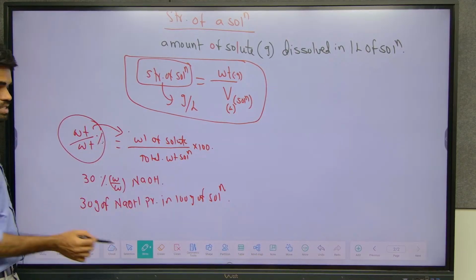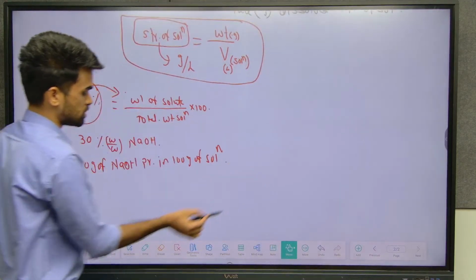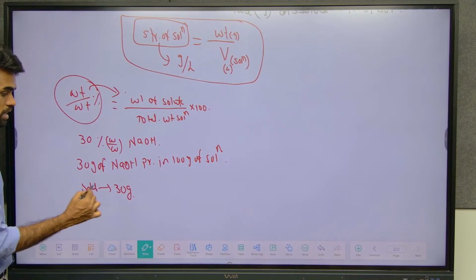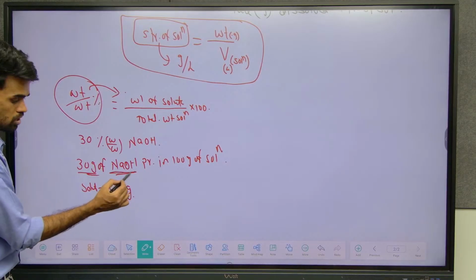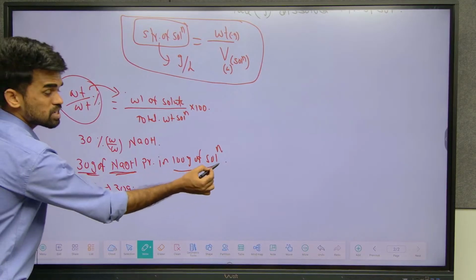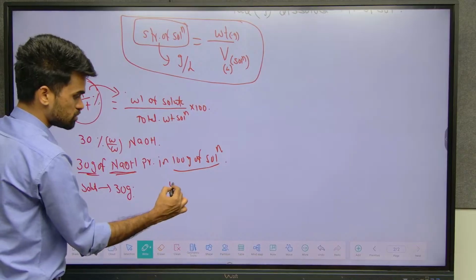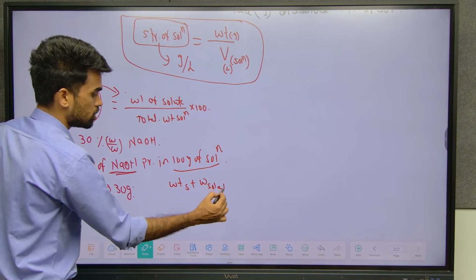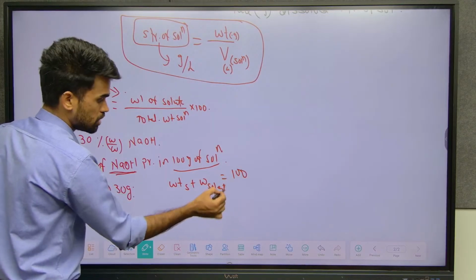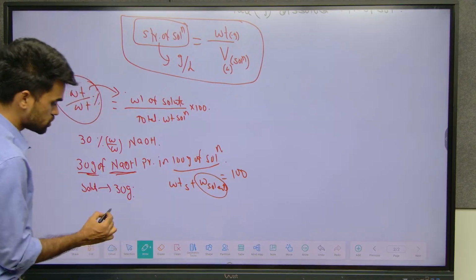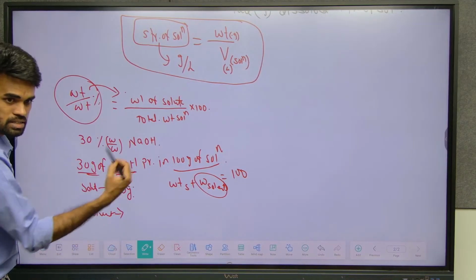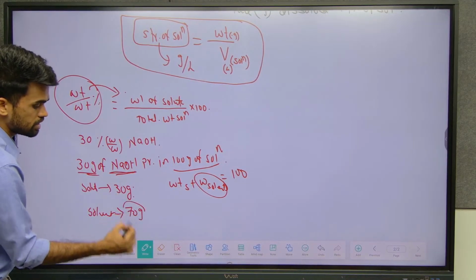It means what is the weight of solute, what is the weight of solvent? 30 grams is the weight of solute, the weight of NaOH. Now 100 grams of solution. Solution is nothing but weight of solute plus weight of solvent, equals 100 grams. Now what is the weight of solvent if I ask? The weight of solvent will be 100 minus 30, so 70 grams. Is this clear, everyone?